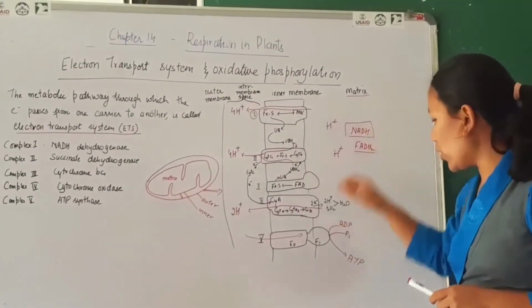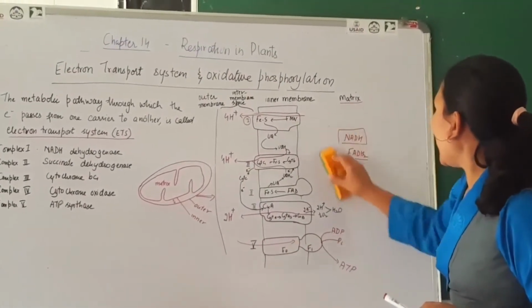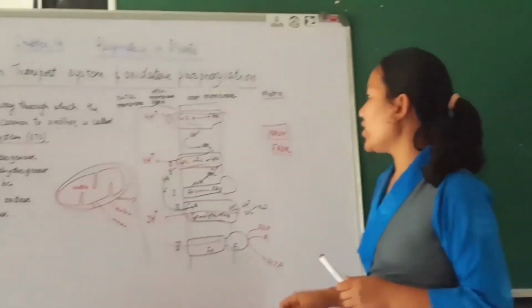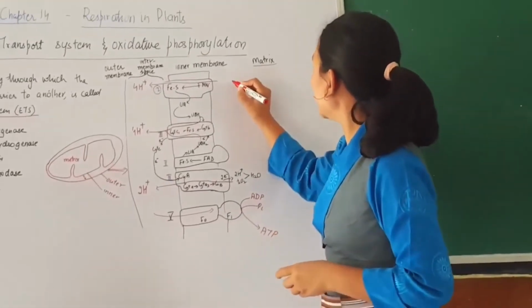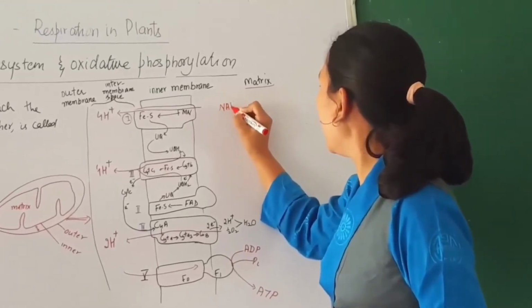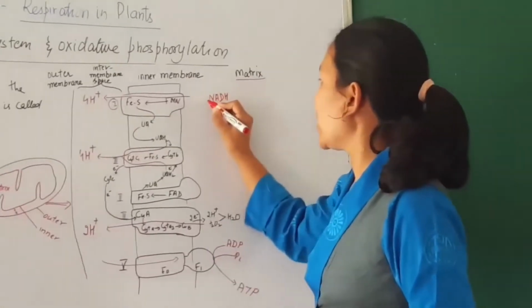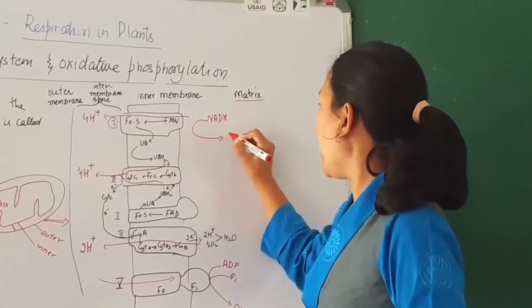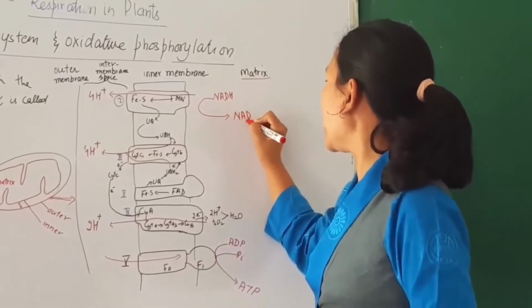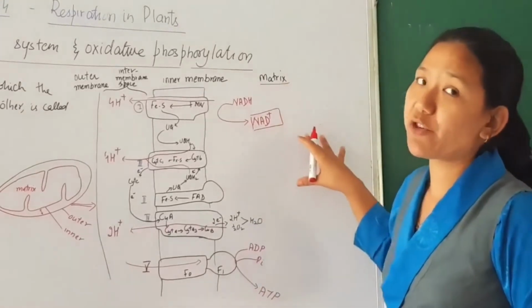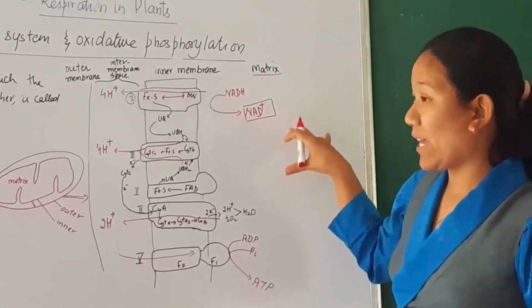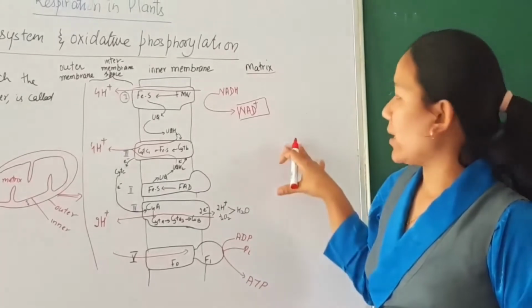Let us now focus on the first one here, NADH. It undergoes oxidation, and NAD plus is regenerated in the matrix so that again it can be used during the Krebs cycle.